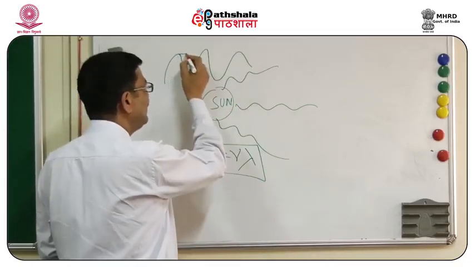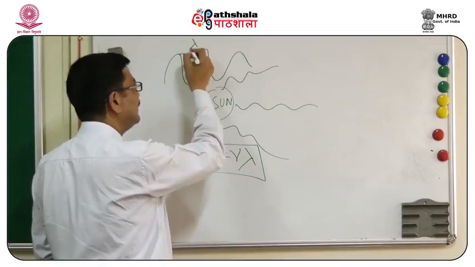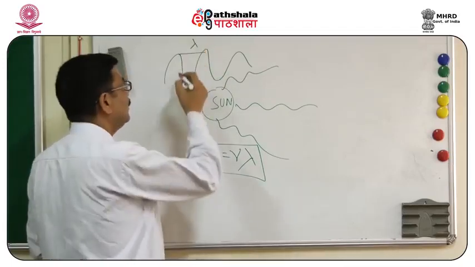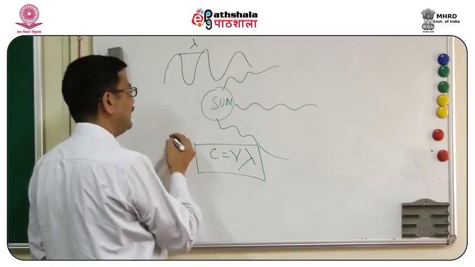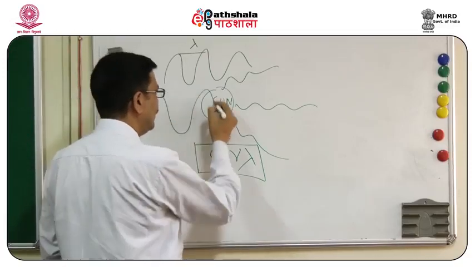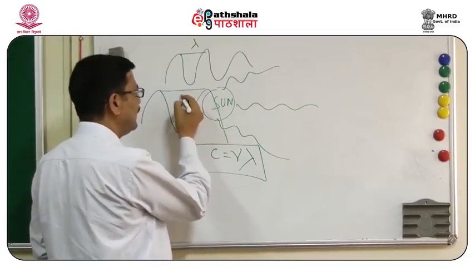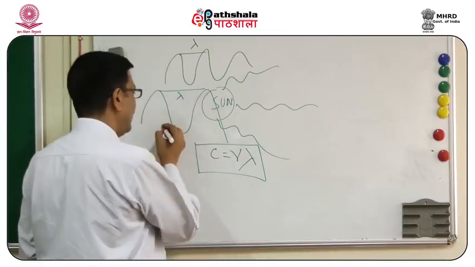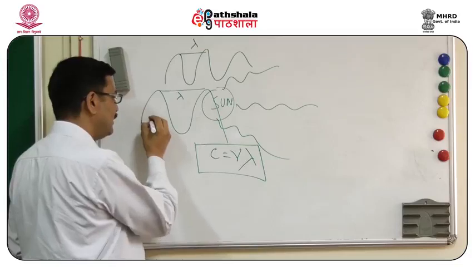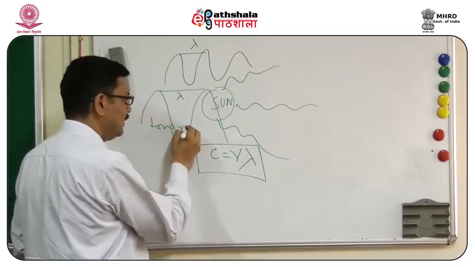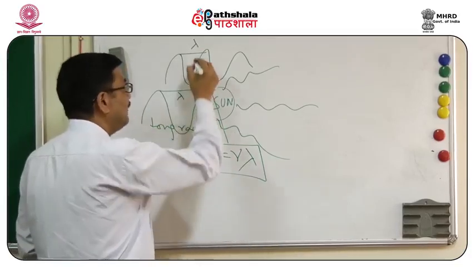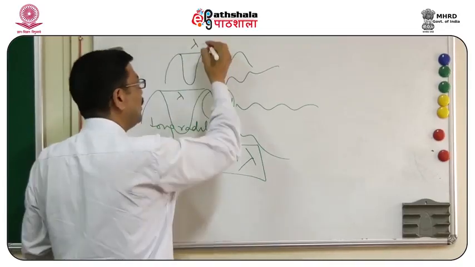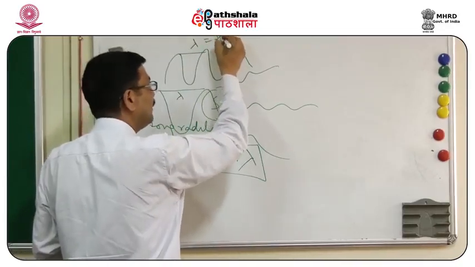From one crest to another crest, this distance is called lambda. If you have one situation like this, another will be like this. Here we see that lambda is large. So, this is energy in the form of long wave radiation, whereas this lambda, where the distance is short, is called short wave radiation.